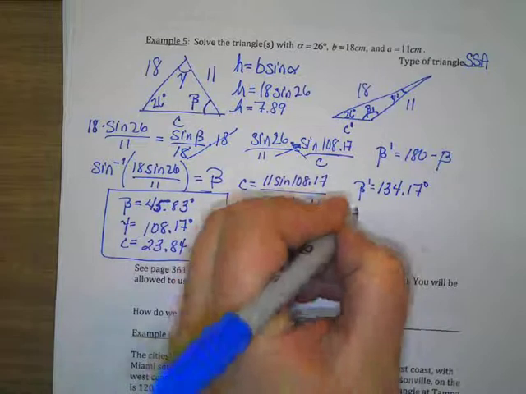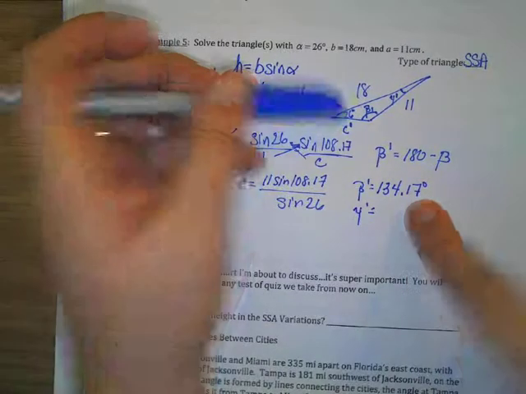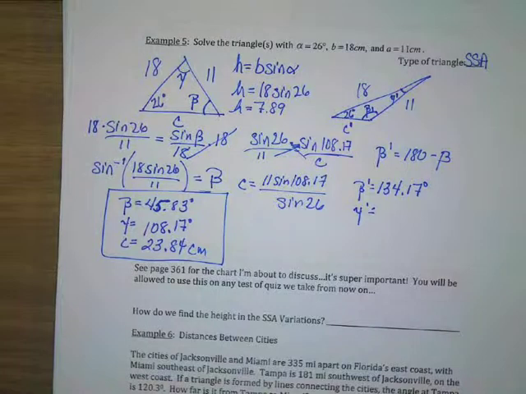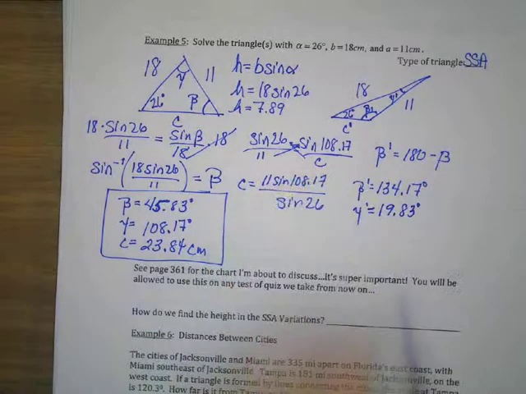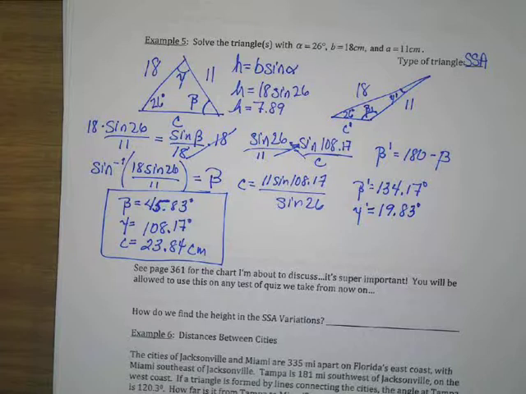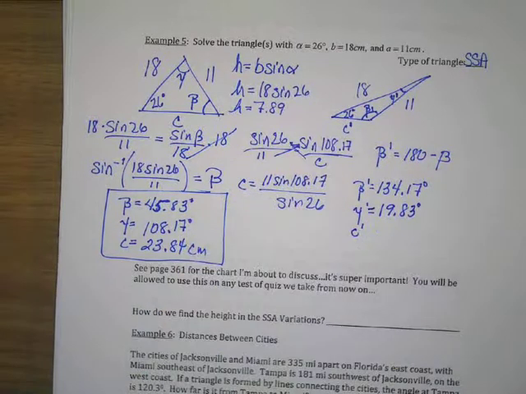And now to get gamma prime, you're just going to go 180 minus your two angles. It's going to be small, and that's okay. And the last thing to do is one law of sines, and we'll get our C prime.